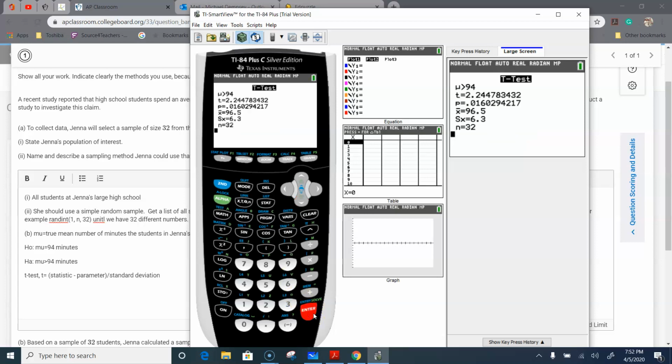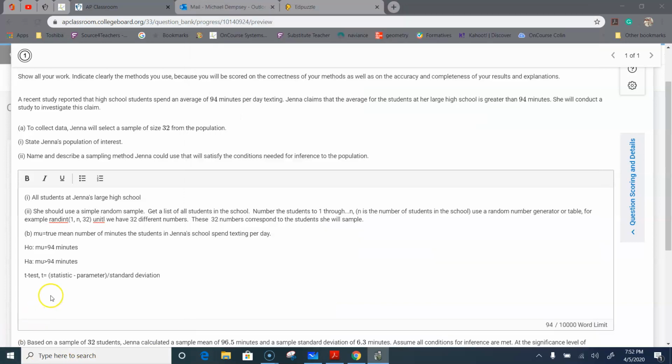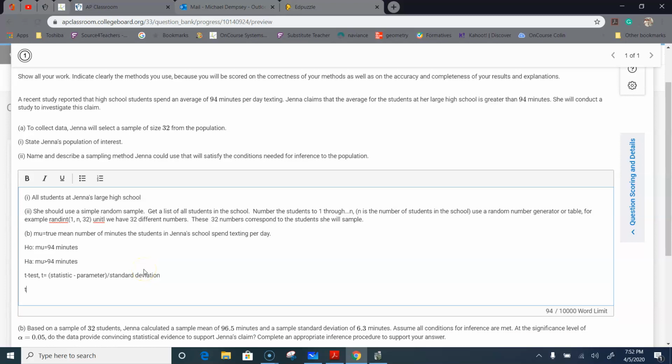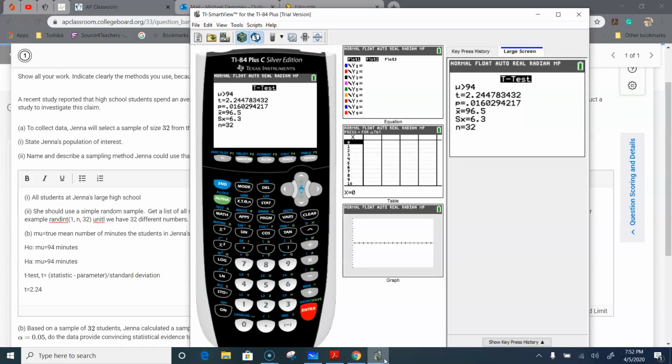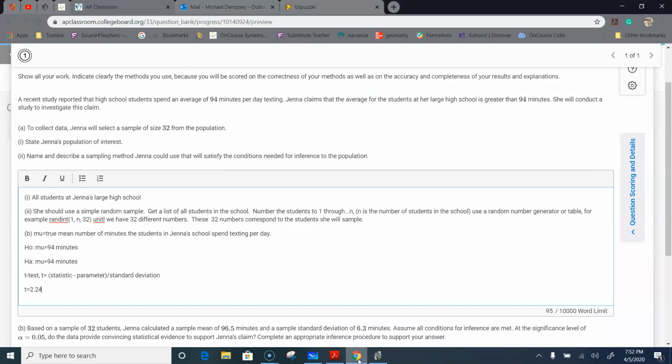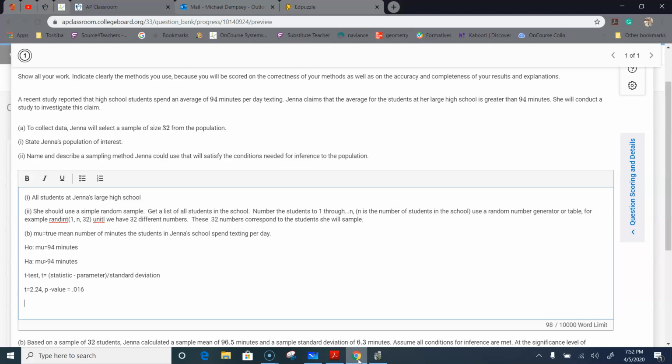So I get a t of 2.24, p-value 0.016. 2.24, is that right? Yep. P-value 0.016. Okay. So we would, for alpha 0.05, which is what they asked us, we will reject H0.